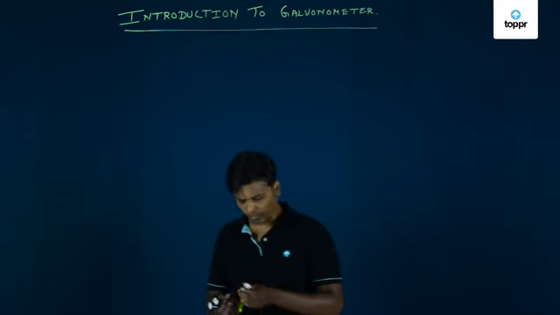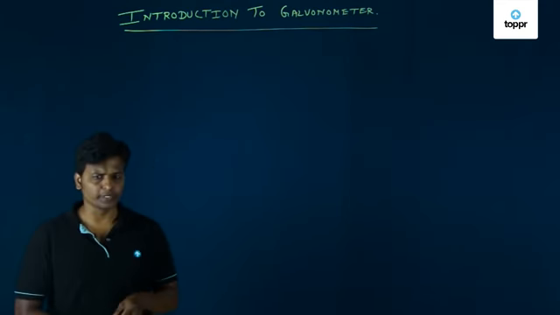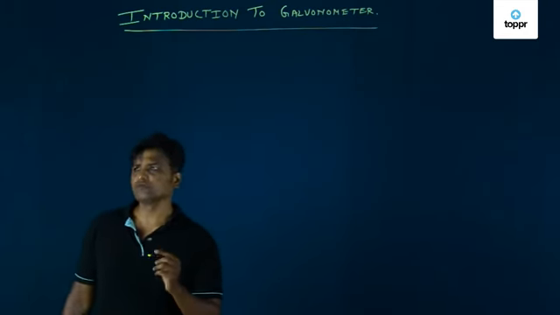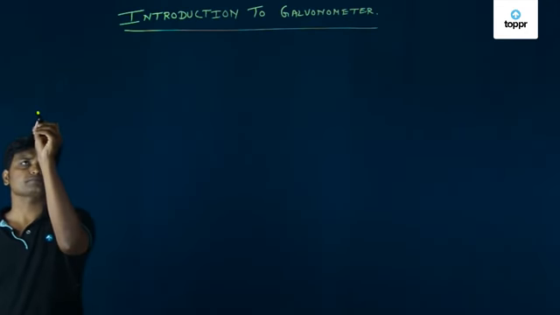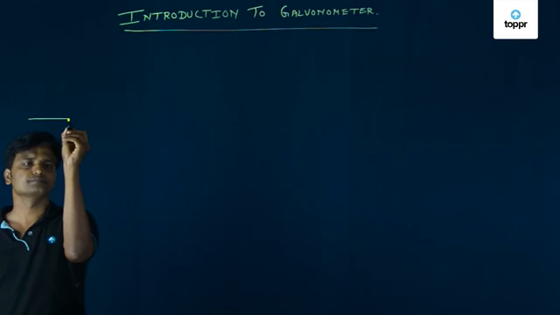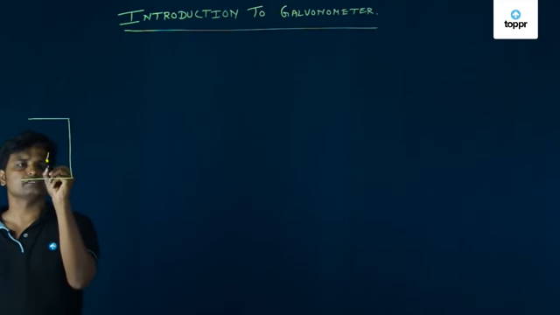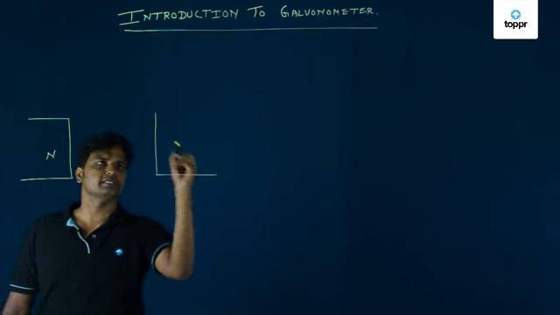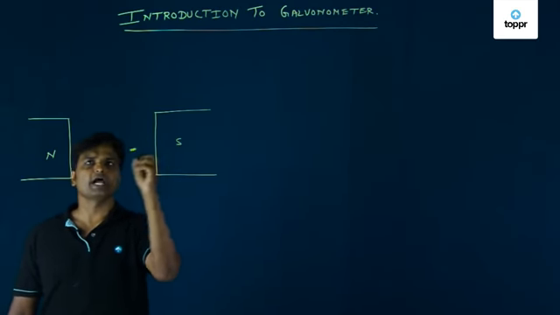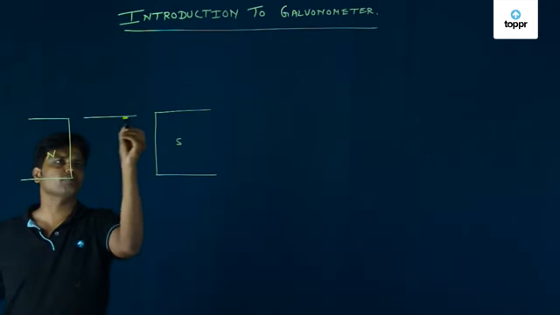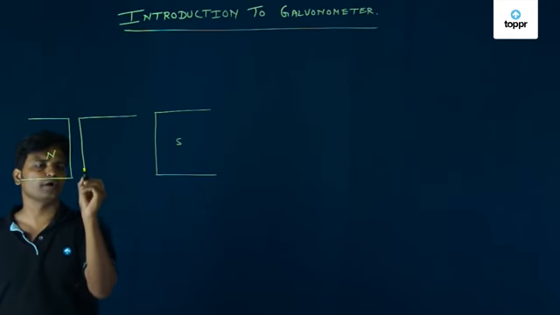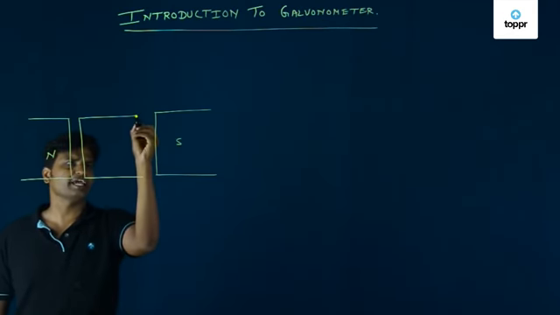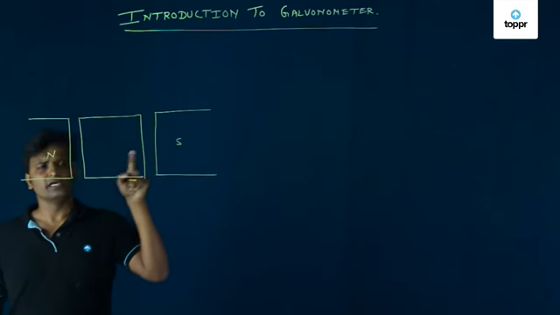Now inside the galvanometer, take any type of galvanometer. Inside this galvanometer, we have two magnets. This is North Pole and this is South Pole. And we have a rectangular frame, a rectangular coil, which can have n number of turns, right?